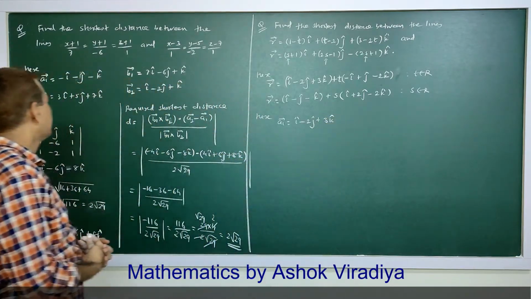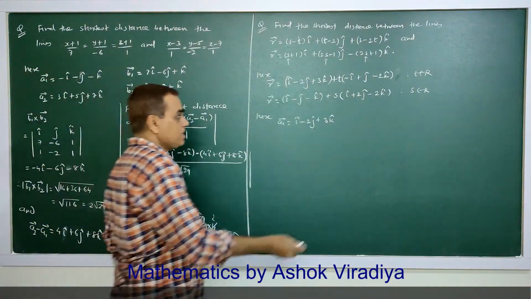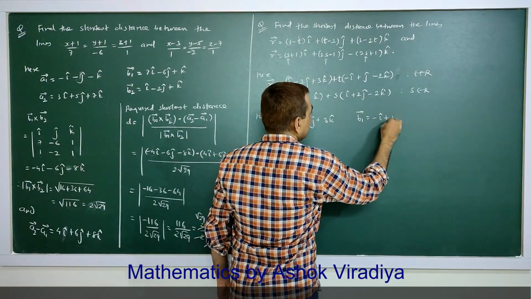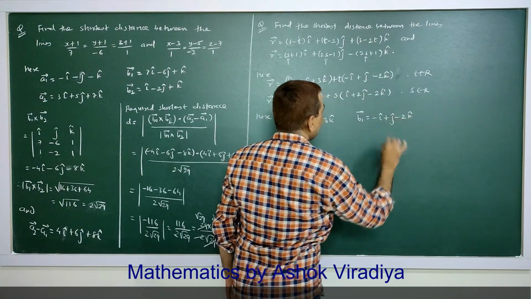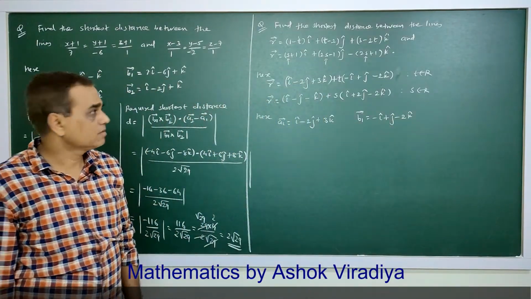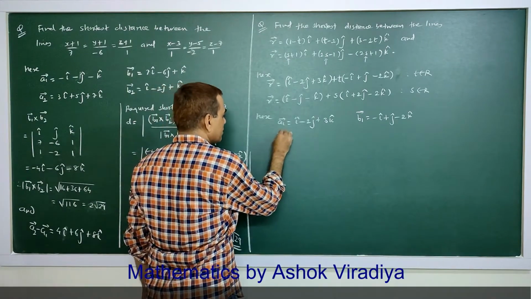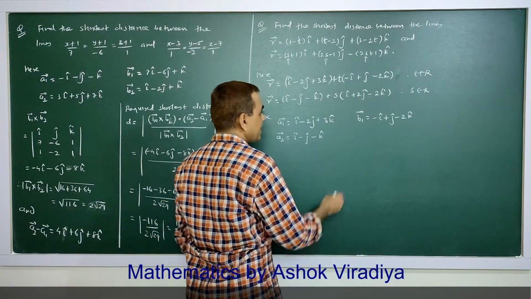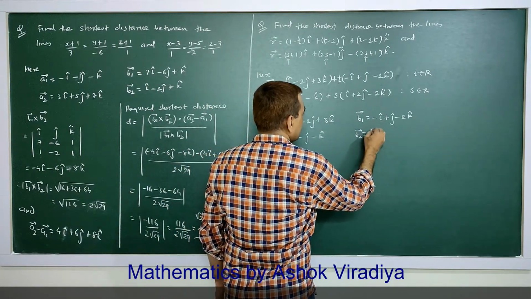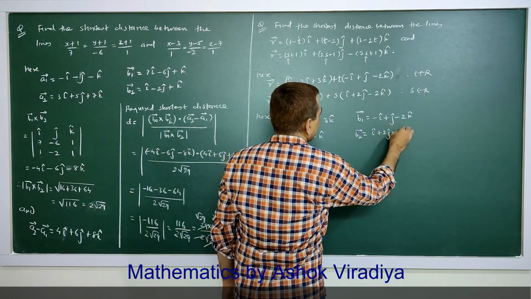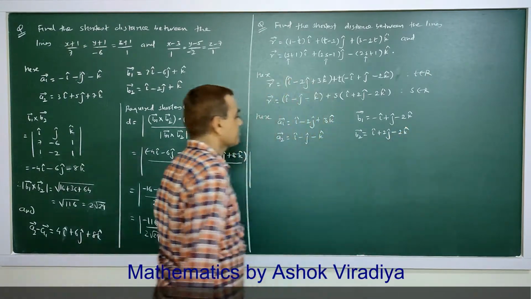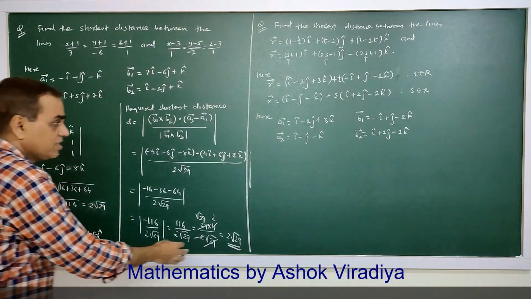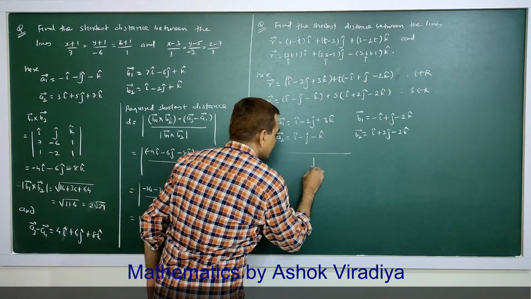B1 is minus i plus j minus 2k. A2 is i minus j minus k. Vector B2 is i plus 2j minus 2k. And now you perform the same procedure. You can finish it yourself.